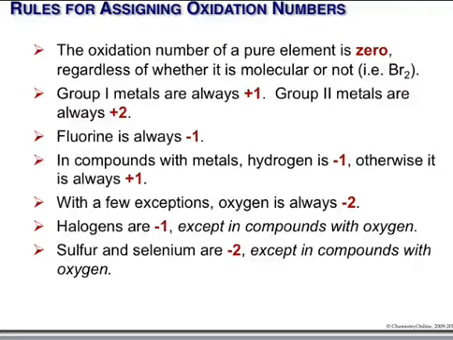Group 2s, +2. Chlorine is -1. These get a little more complicated. Again, we'll deal with those in chapter 5. But there's a set of rules for it. Right now, all we care about are the charges. Again, chapter 5.